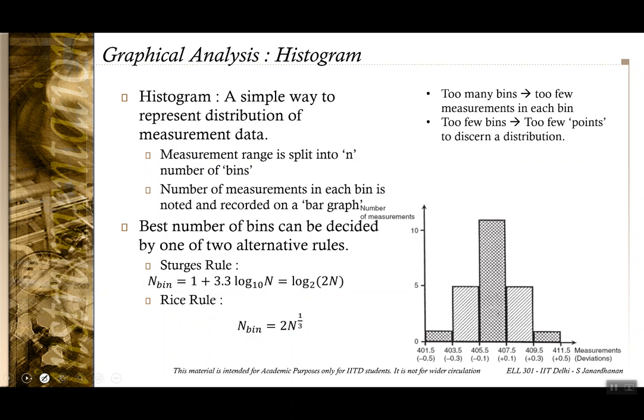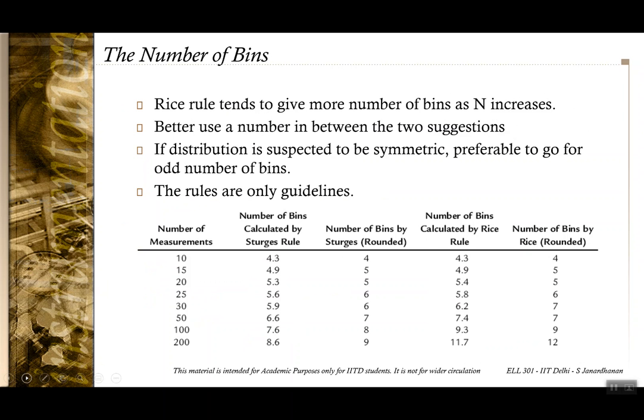Okay, if you compare the number of bins that are predicted based on the number of measurements, then by Sturge's rule, you get these values, which can be rounded off to this number of bins, and by the Rice rule you get this number of bins. Typically the Rice rule tends to give more number of bins as n increases.